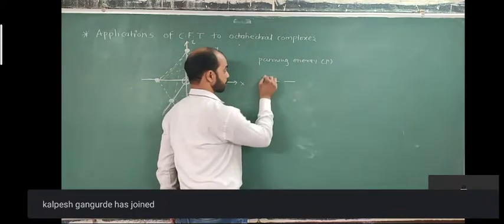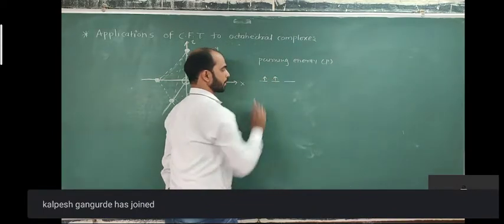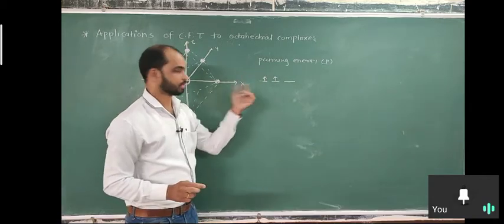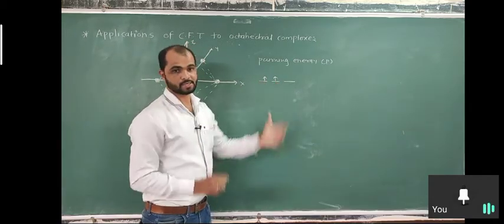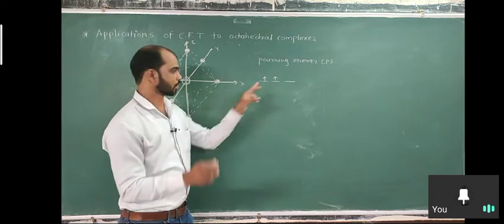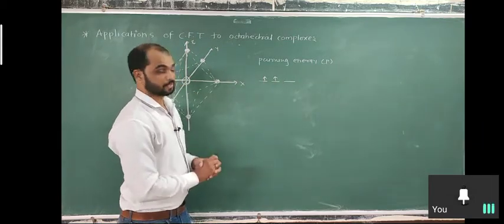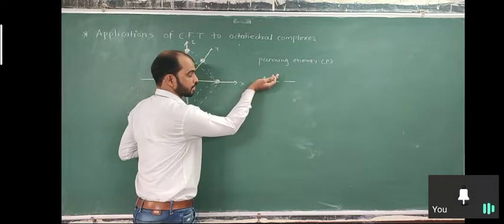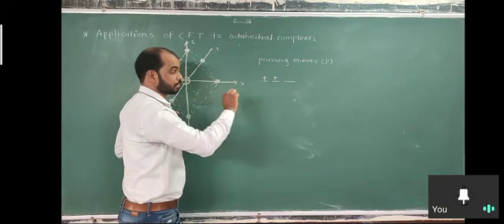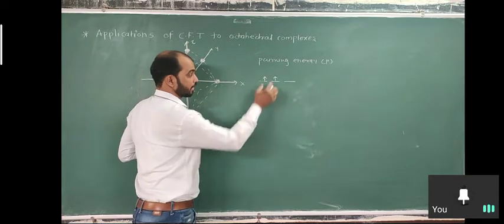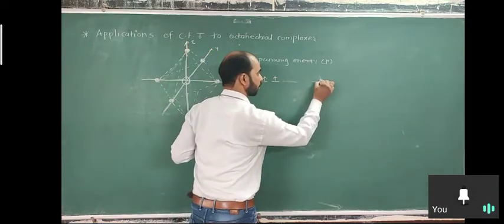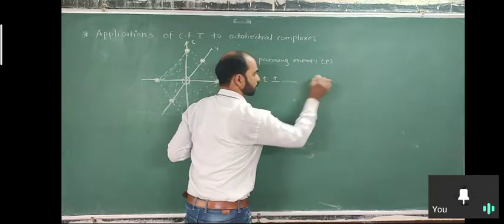How many orbitals? There are 3 orbitals. Suppose each orbital has a single electron with parallel spin. All 3 orbitals have the same energy because all are degenerate. If each orbital has a single electron with parallel spin, the energy required for pairing of this electron into another orbital is transferred in this way.